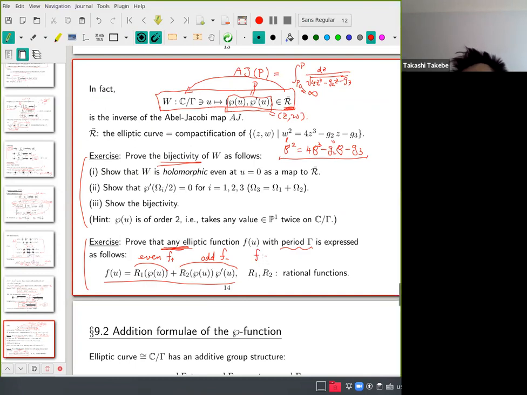And if f is even, we can express it as a rational function of the P function, by matching zeros and poles.